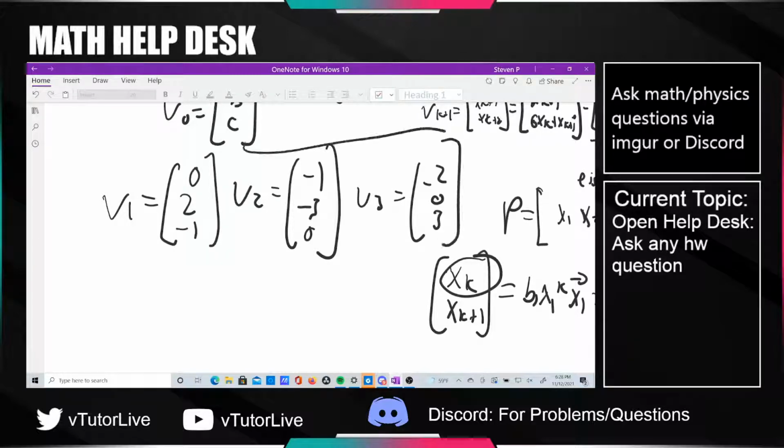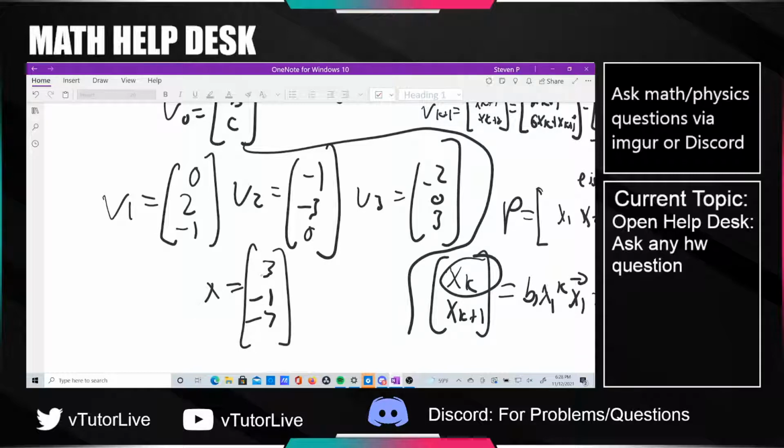Well, the first thing it asks you to do before you even do anything fancy is just figure out what linear combination of v1, v2, and v3 will yield x. So this should be something you know how to do. You basically need to figure out a linear combination of these vectors that adds up to x.